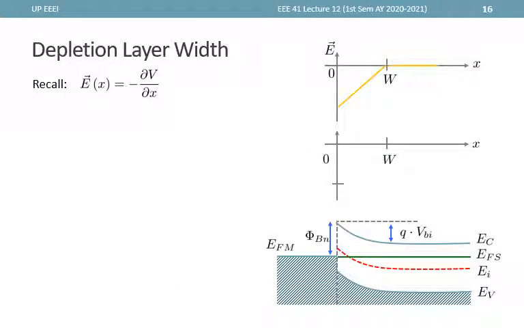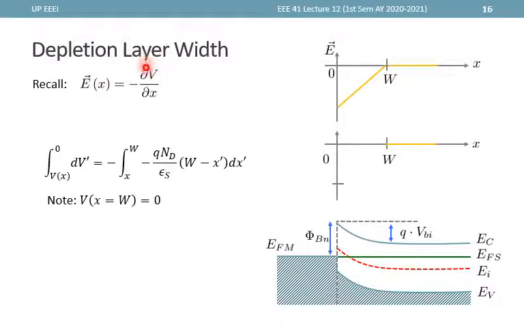Now we proceed and try to get an expression for the depletion layer width. We'll use the voltage function for that. And from the electric field, we can get the voltage using this equation. So we already know the function of the electric field, then we just need to integrate it to get the voltage.